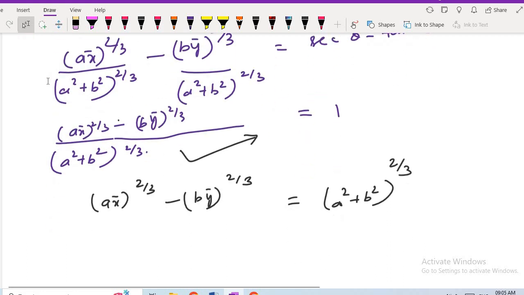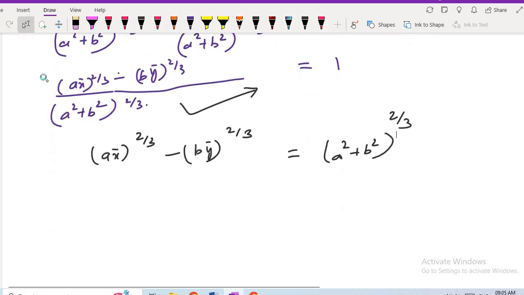So if we need the evolute, we have to replace x bar equal to x, y bar equal to y.